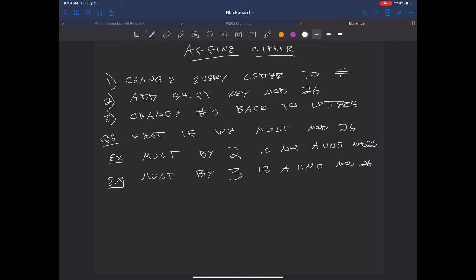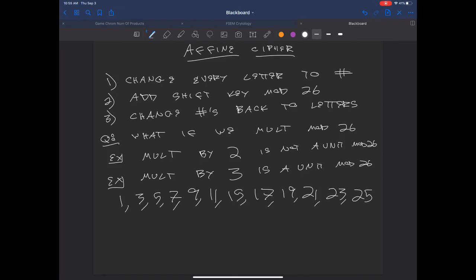All right, there needs to be something that we can multiply by it to make it go away. There needs to be the equivalent of 1/3. And so the only things that we are allowed to use in this multiplication cipher are the units. And so for mod 26, that is 1, 3, 5, 7, 9, 11, 15, 17, 19, 21, 23, and 25. It is all the numbers from 0 to 25 that are relatively prime to 26, that don't share any factors with 26.